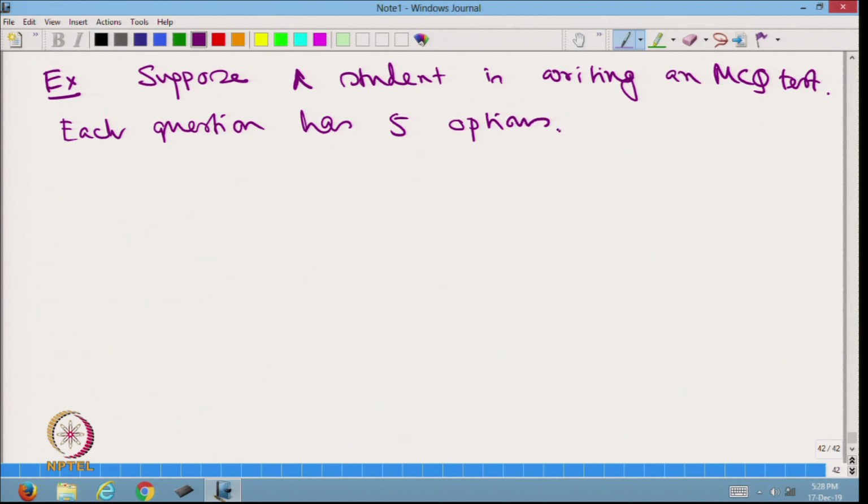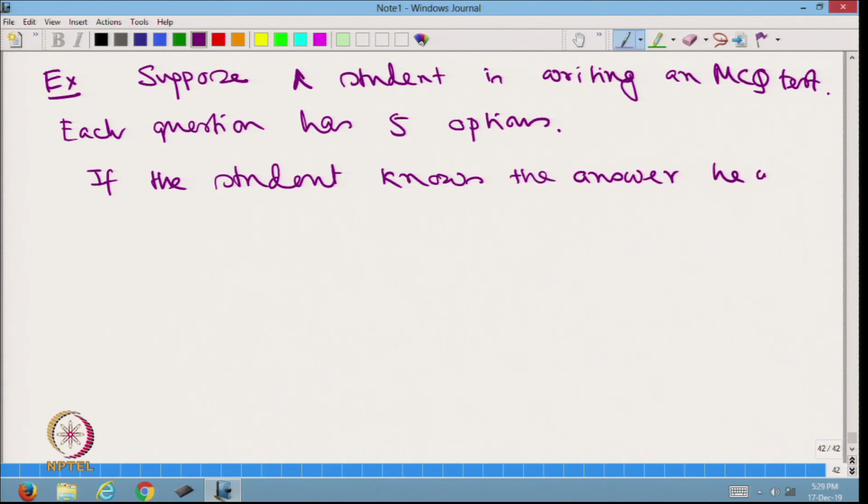Each question has 5 options. So, if the student knows the answer, he will tick it correctly.